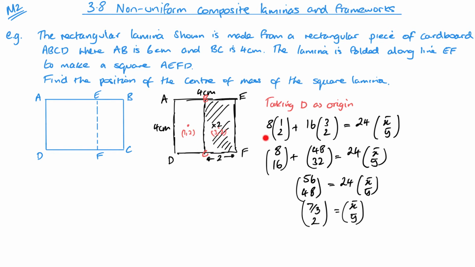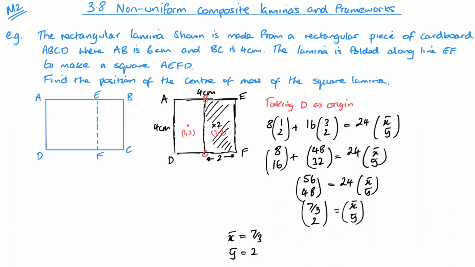Quite often I would just skip the Y and state it, but I've done it both there. So, we just need to finish the question off. X bar is 7/3. Y, as we said, was 2.